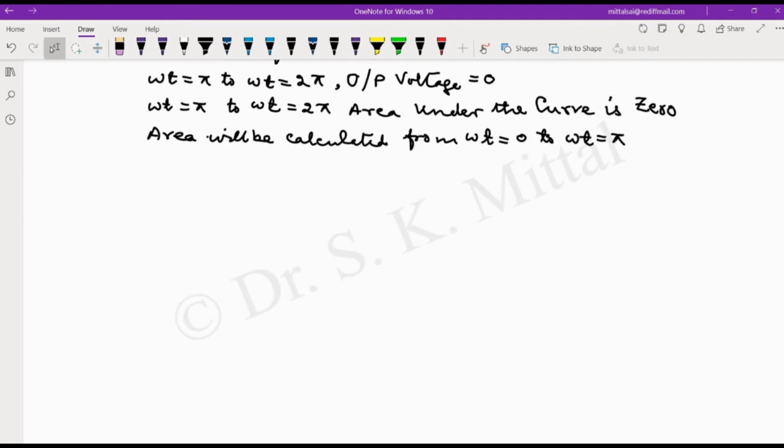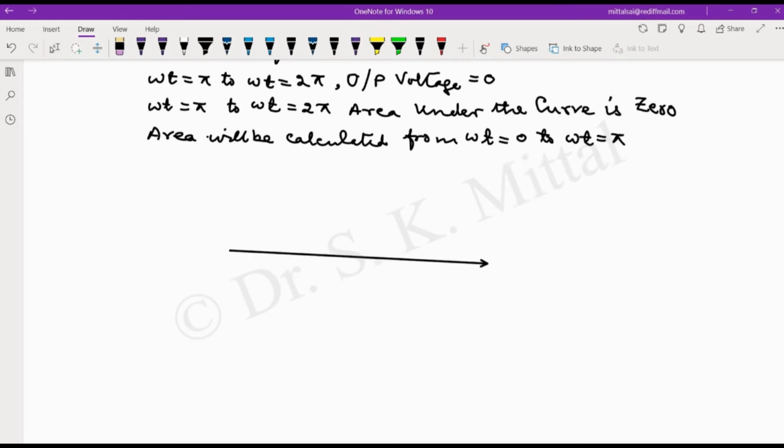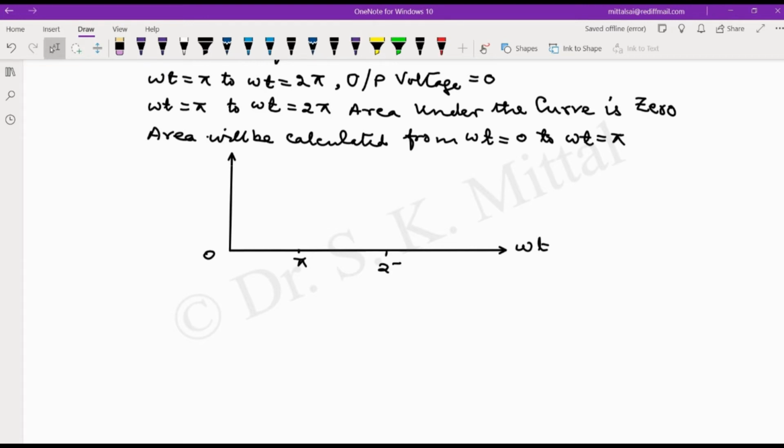So now, how will we calculate the area from omega t equal to 0 to pi? Let us see the basic method for the calculation of area under the curve. This is the omega t axis. This is omega t equal to 0 point, this is pi, this is 2 pi.